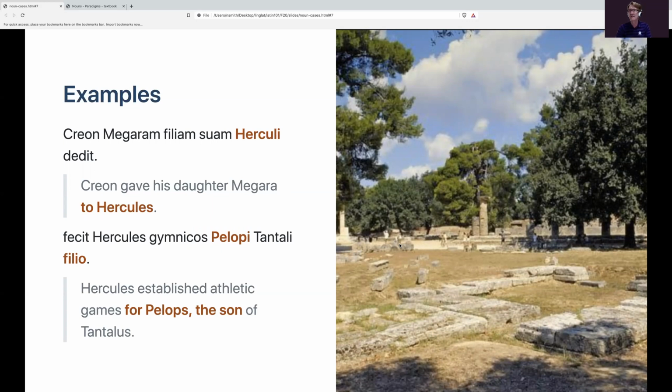Filio, also in the dative singular, is referring to the same person, Pelops. Heracles established athletic games for Pelops, the son of Tantalus. So Pelops is the winner who profits from this. And the illustration on the right is the sanctuary of Pelops at Olympia as it looks today.